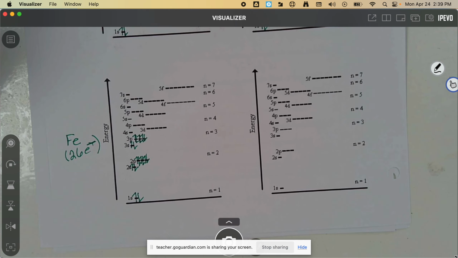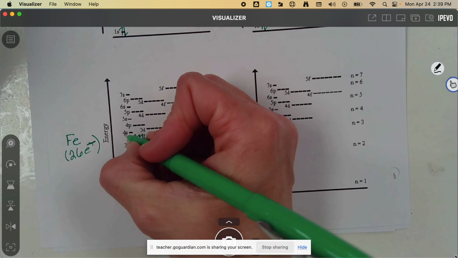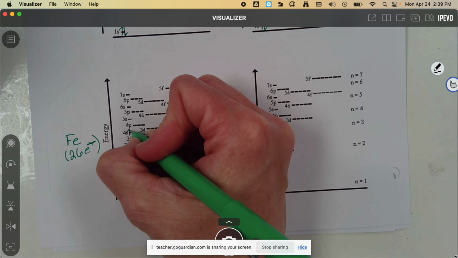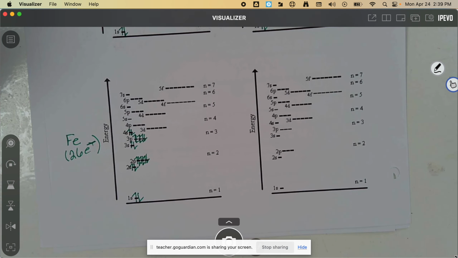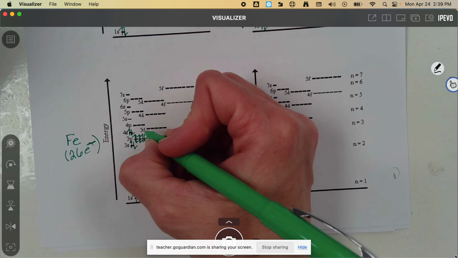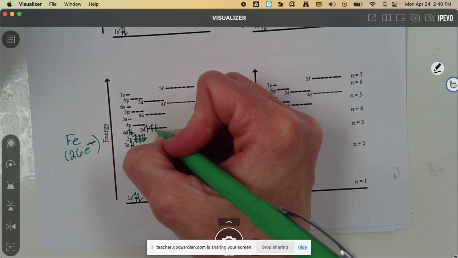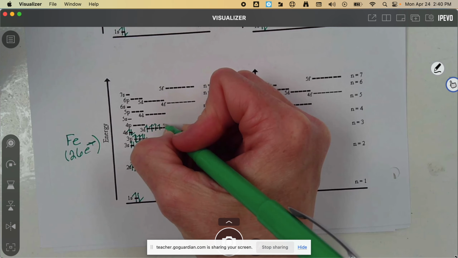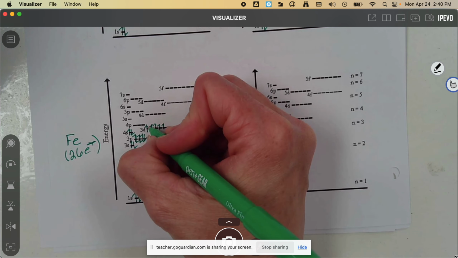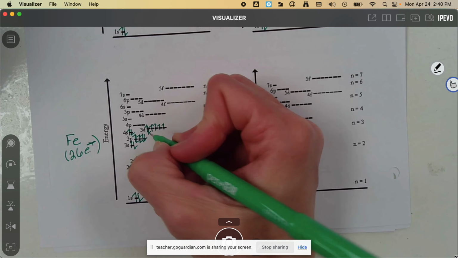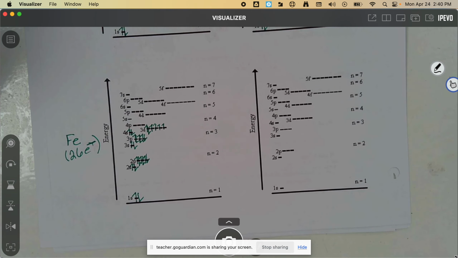So again, I did all the ups first, and then the downs. 19, 20. So I'm up through the 4s. I've got to get to 26. I'm going to give everybody an up, up, up, up, up. And my 26th electron creates a buddy in one of those.